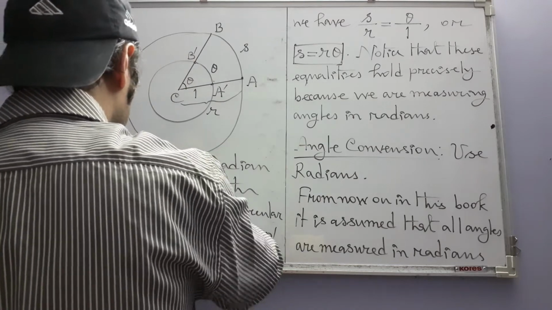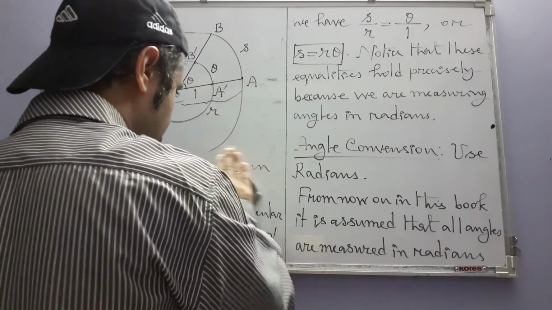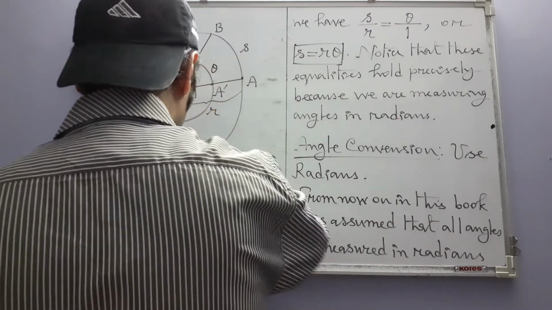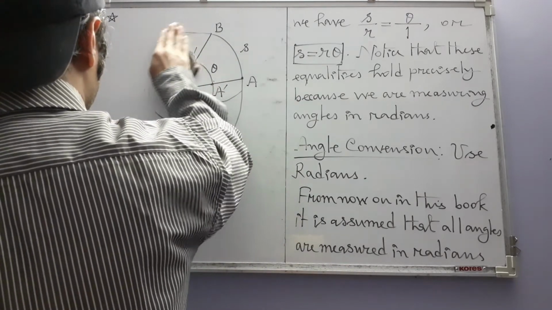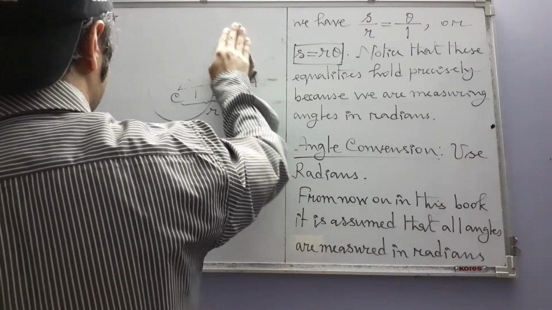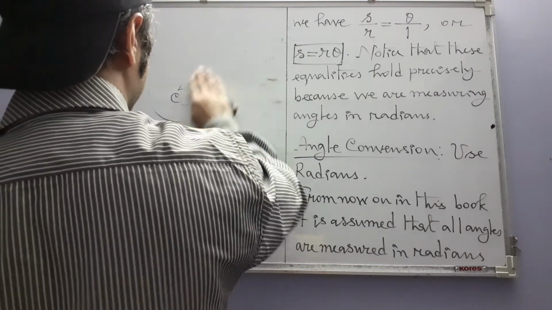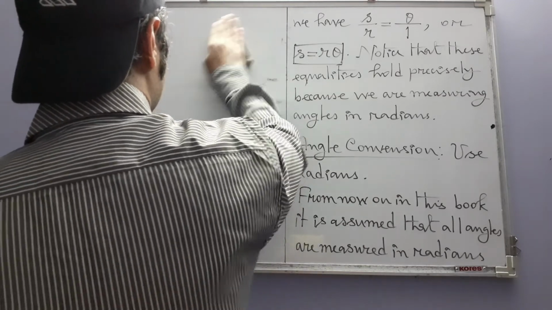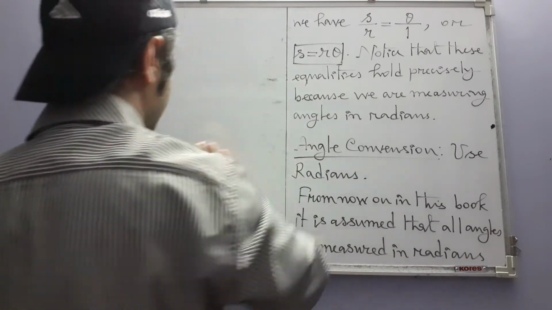Unless it is mentioned before a discussion that the measurement of angles will be done not in radians but in degrees or some other measurement, we have to assume that the measurement is in radians.